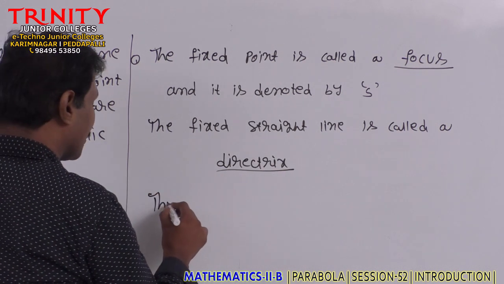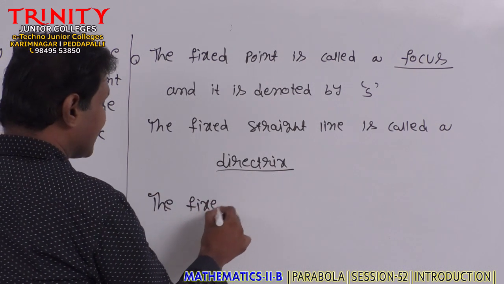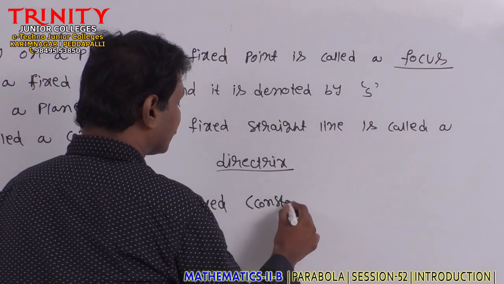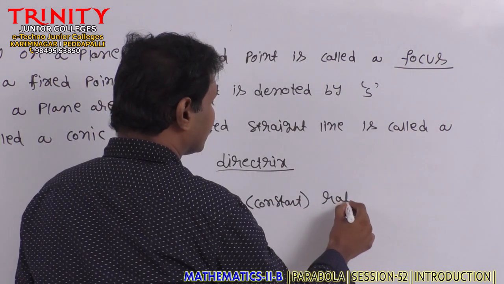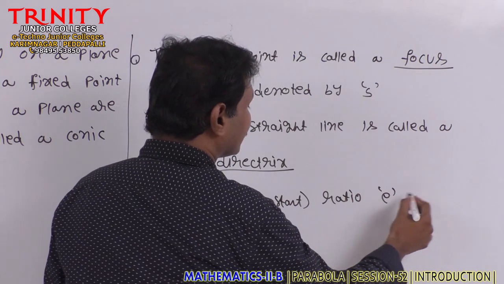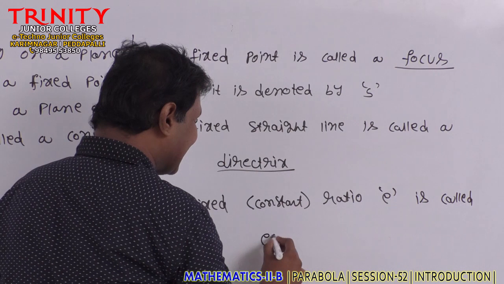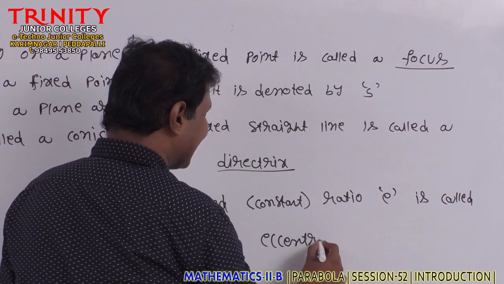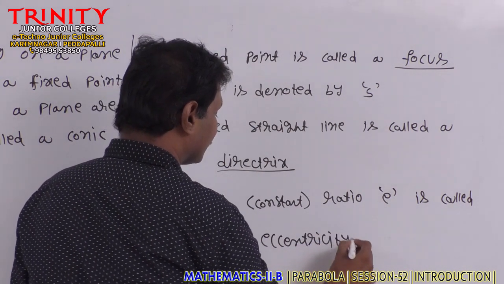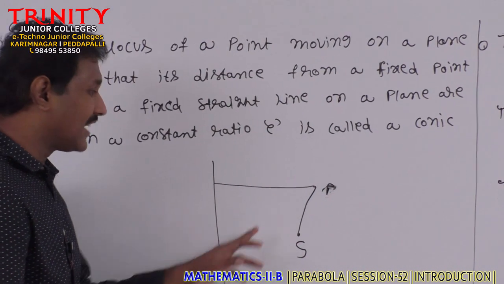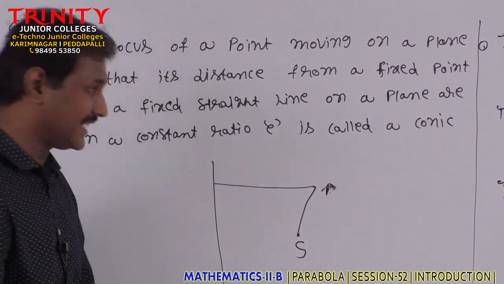The fixed ratio, that means the constant ratio E, is named as eccentricity. The fixed point is called focus and the fixed straight line is directrix and the fixed ratio is eccentricity.